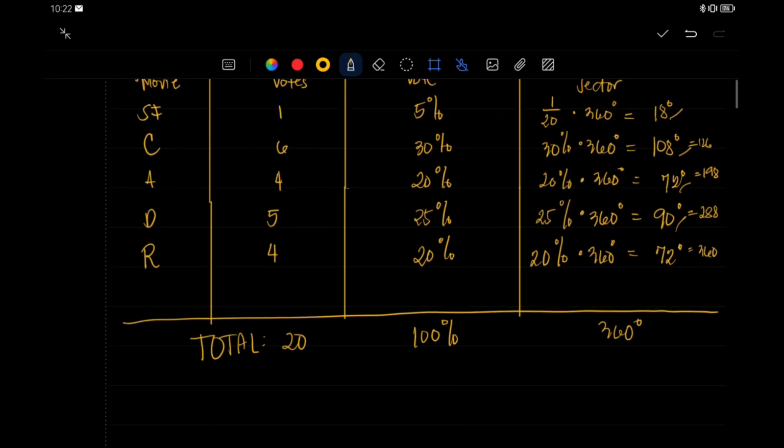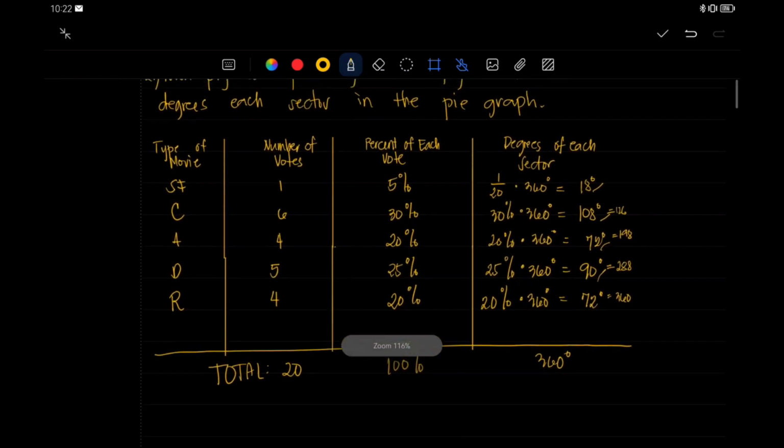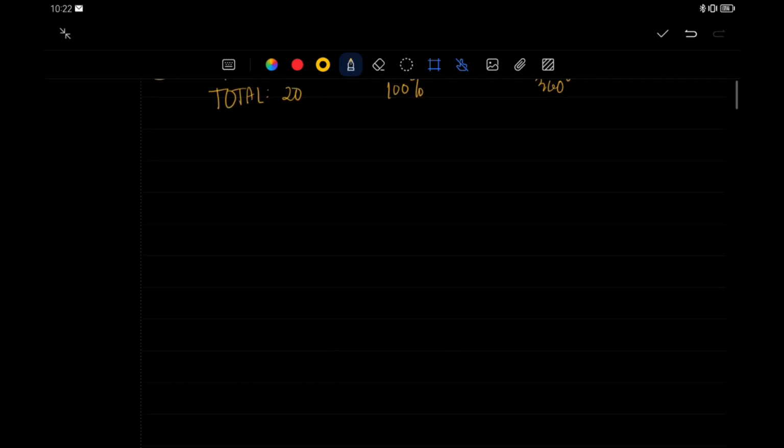So we can now create a pie chart since we have divided each sector into degrees. We need to use a compass to draw the circle and a protractor to draw the pie slices or sectors. From this, we can create a pie chart.